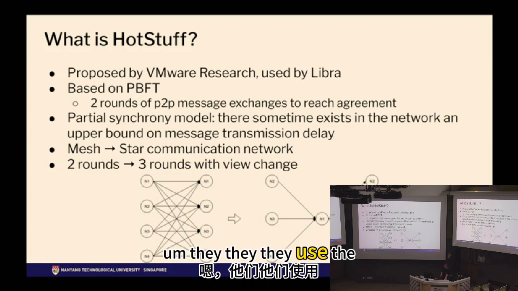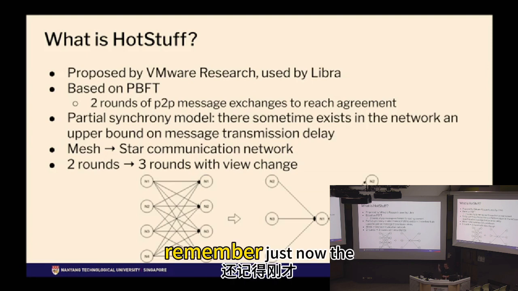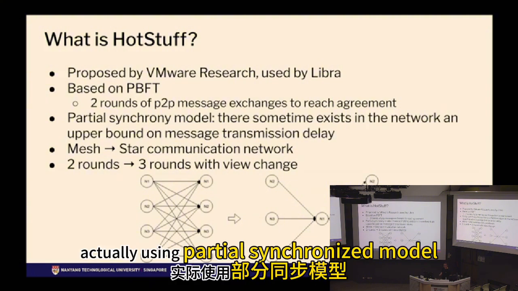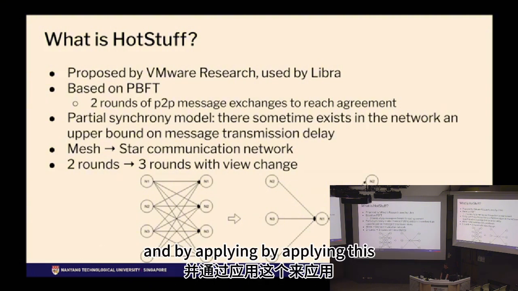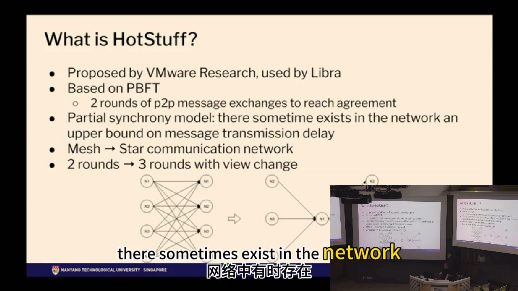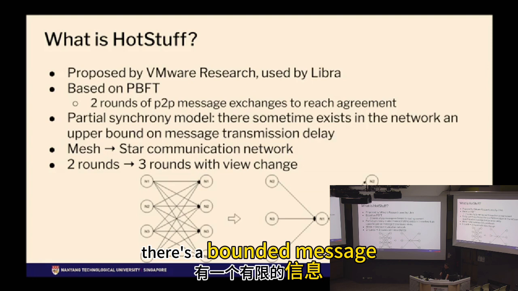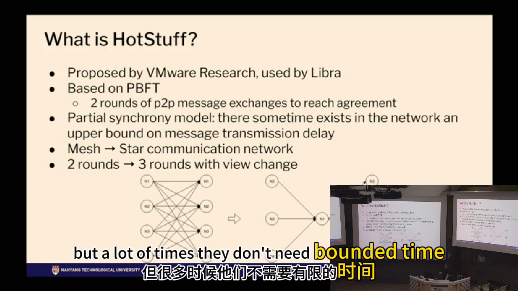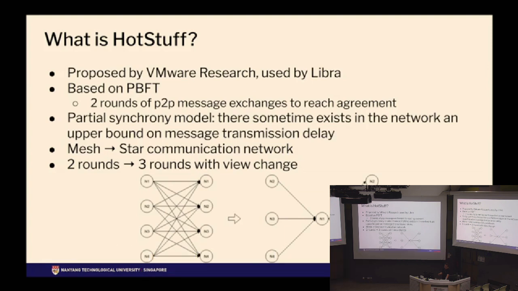Remember just now the synchronized and asynchronized? HotStuff is actually using a partially synchronized model. By applying this, sometimes in the network there are bounded messages. Those bounded messages need to return in a bounded time, but a lot of times they don't need bounded time to return.